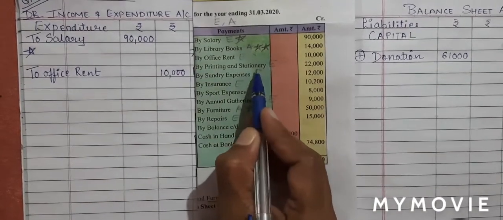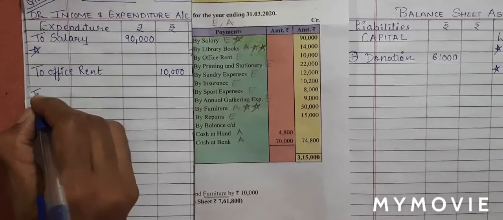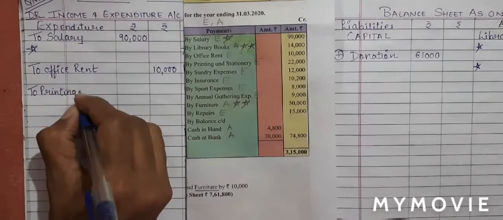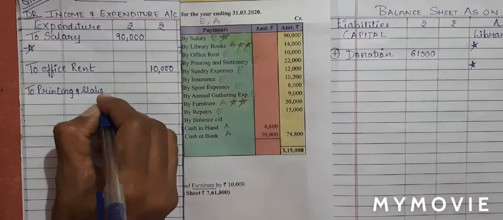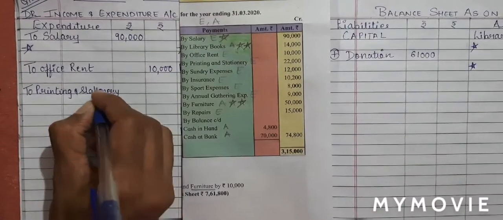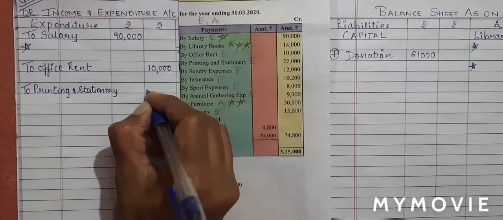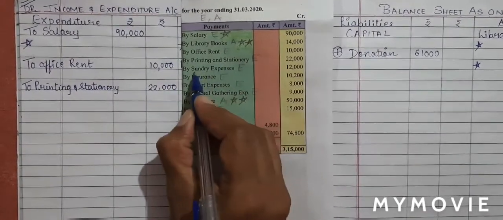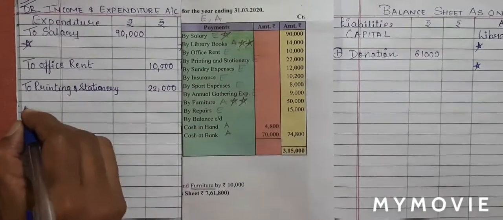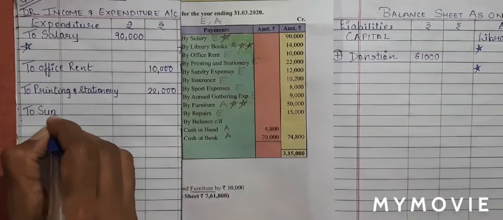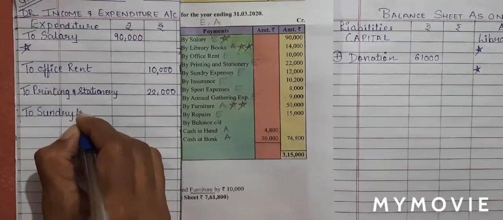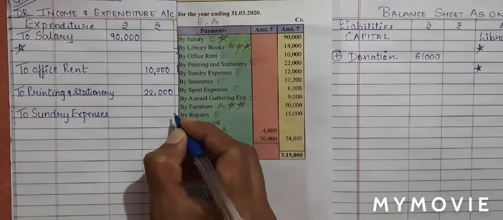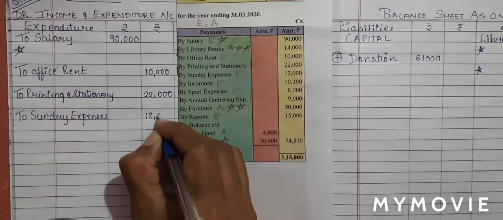Next is printing and stationery. Again on the expenditure side, I'll write to printing and stationery. There is no star, outer column 22,000. Next is sundry expense. Again on the expenditure side, I'll write to sundry expenses. There is no star, outer column 12,000.